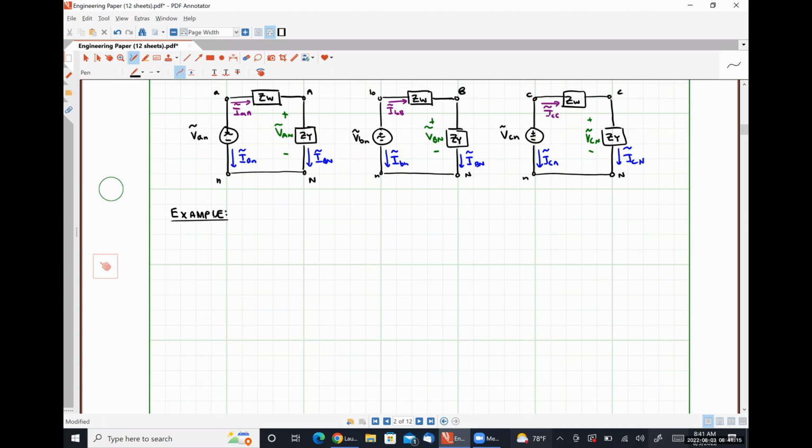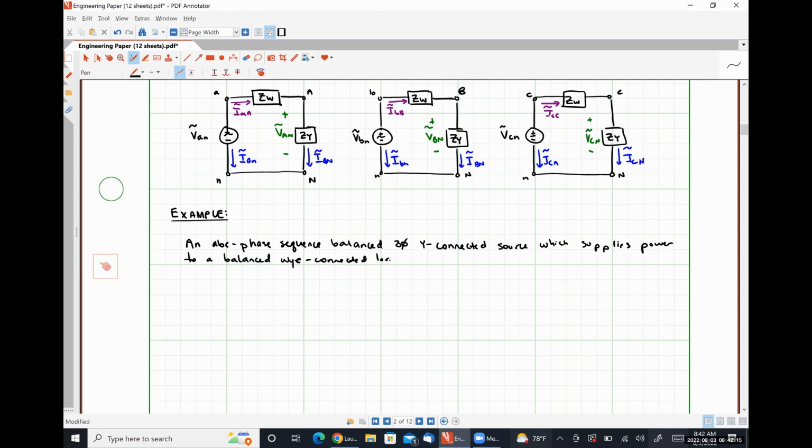So let's say that I have an ABC phase sequence balanced three-phase Y-connected source which supplies power to a balanced Y-connected load.